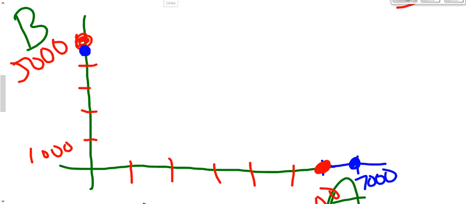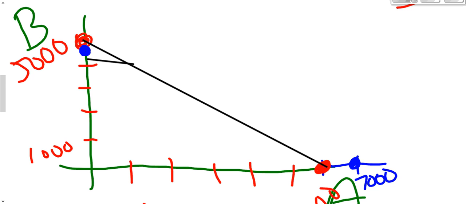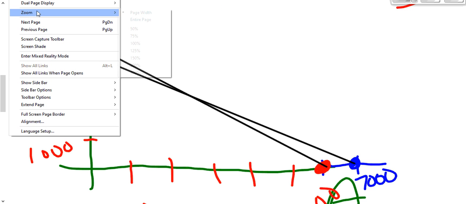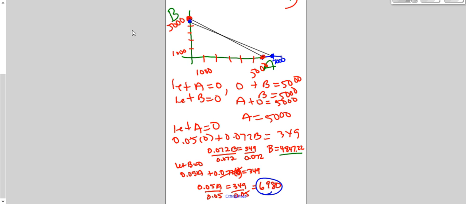So let me put on a couple of lines here. We have this line here. Oops. And then we have this line here. And what happens, let me just kind of change my zoom on this a little bit.